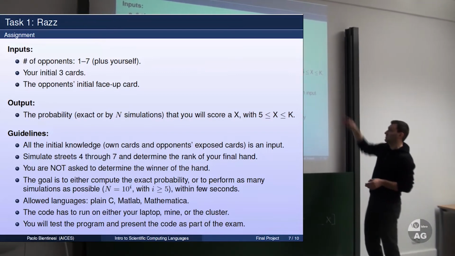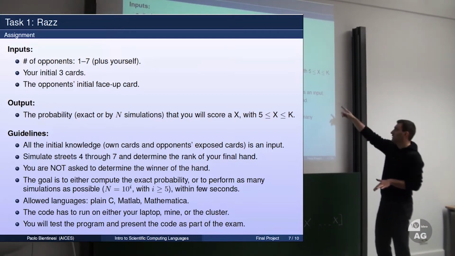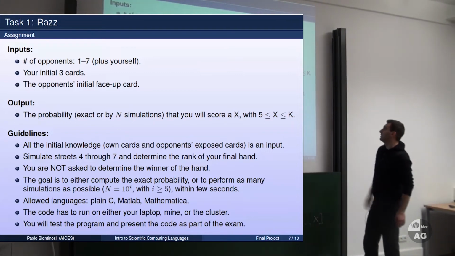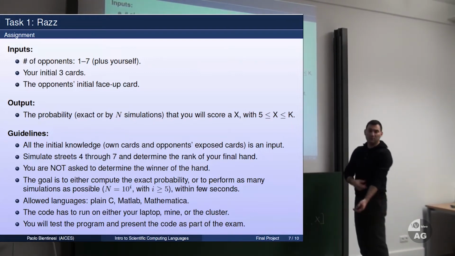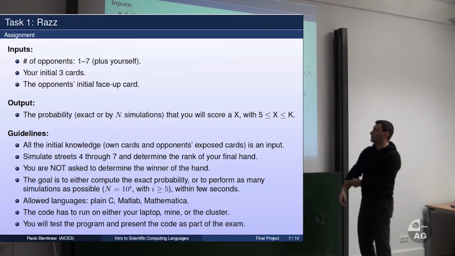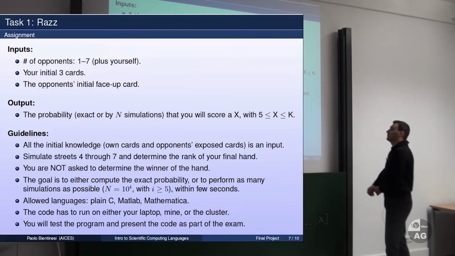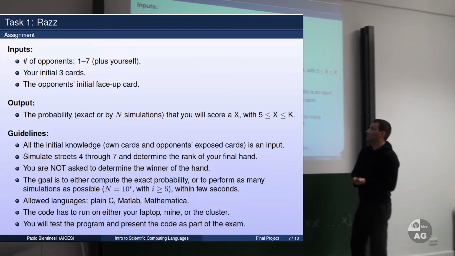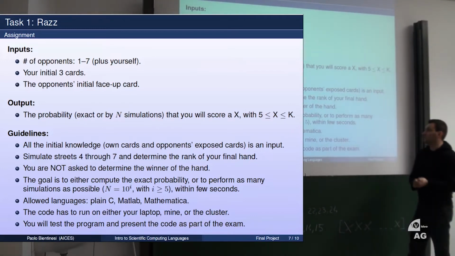I only count 5 different cards with the X as the worst one. So from 5 to a king. And you can determine this either analytically, doing some combinatorics, stuff like that, or by running simulations.